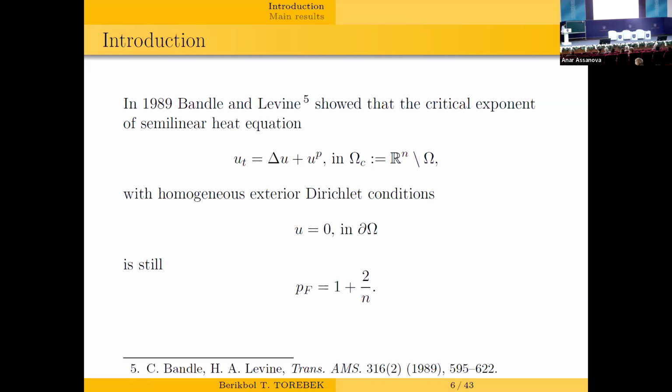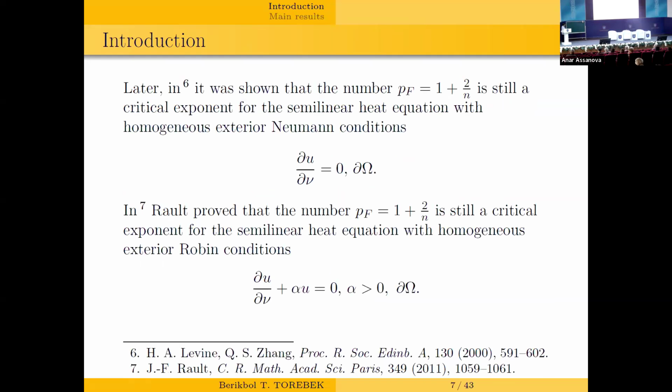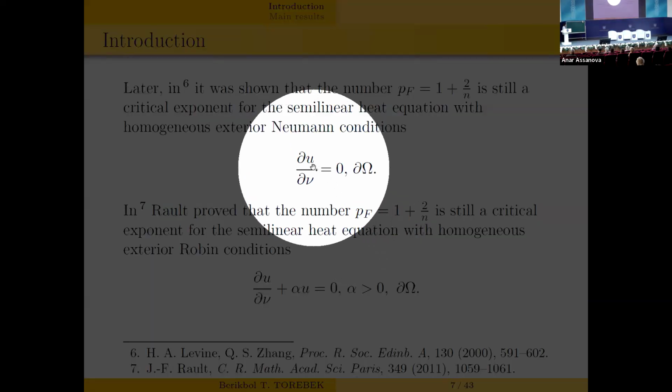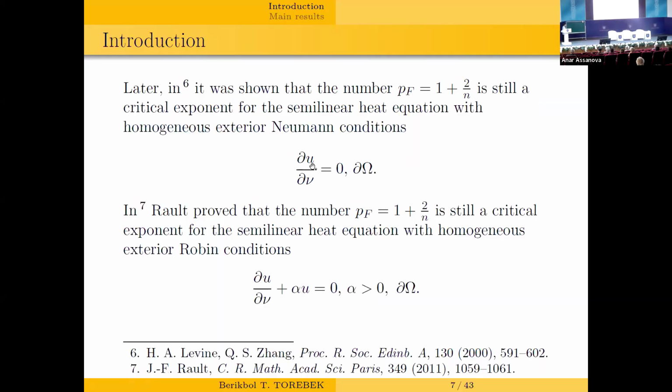And later Levine and Zhang considered a Neumann problem, and here they also proved that the critical exponent is the same. And later, Ishige considered a Robin boundary condition. And in this case, also, the critical exponent will be the same as the Fujita critical exponent.